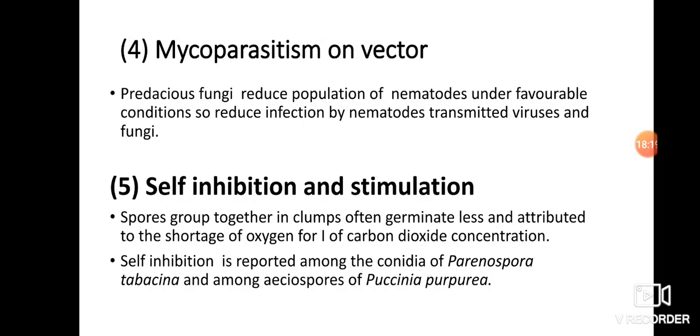This self-inhibitory effect in germination is widely reported in fungi. Examples: self-inhibition is reported among the conidia of Peronospora tabacina and among the aeciospores of Puccinia purpurea by Schiffer 1962 and Dixon 1957.